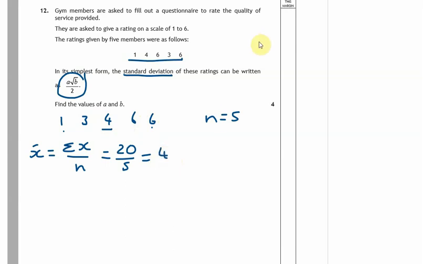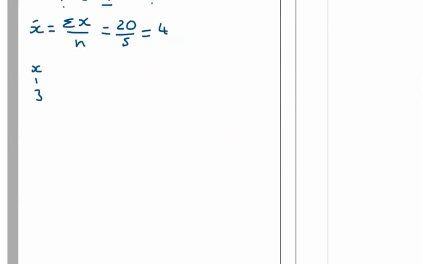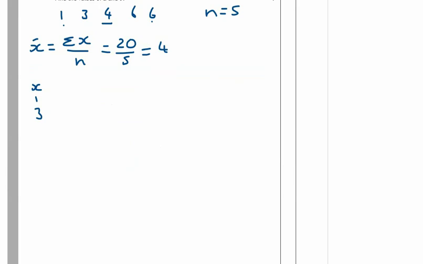The next thing I want to do is our little table. So I write down all my x numbers. I've got 1, 3, in fact I'll get a bit more space for this. Just a little bit more space, sorry.